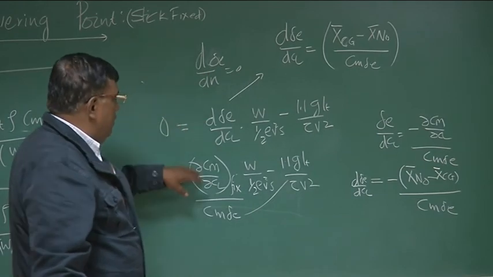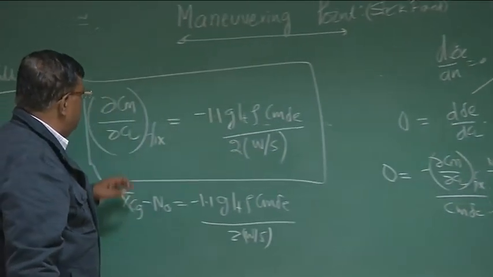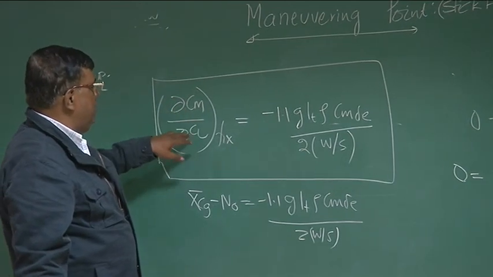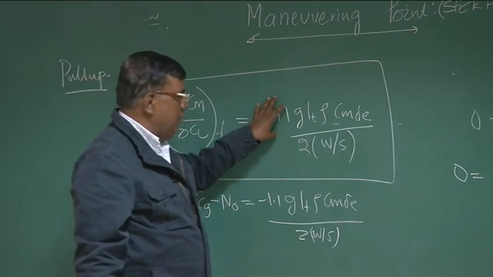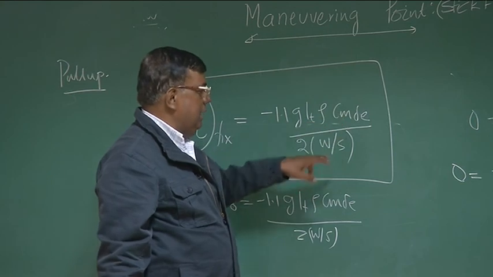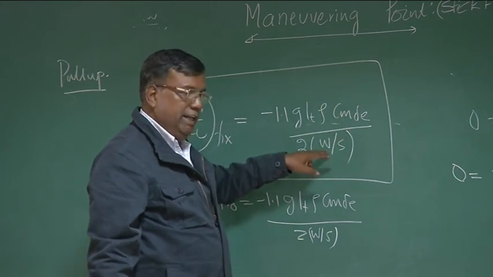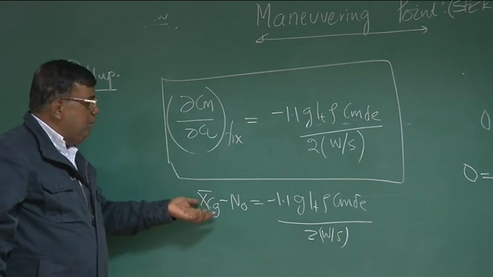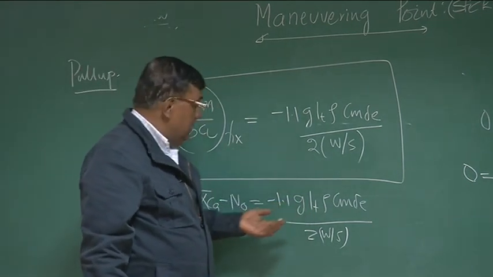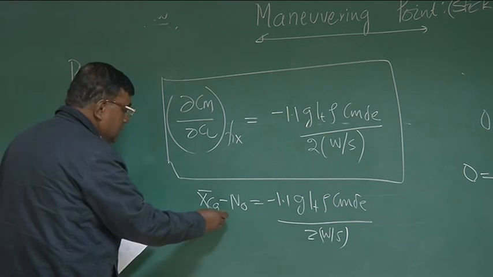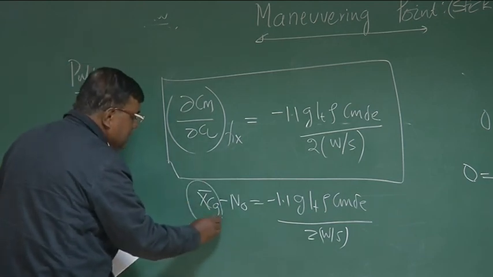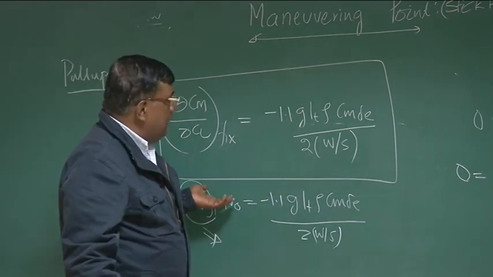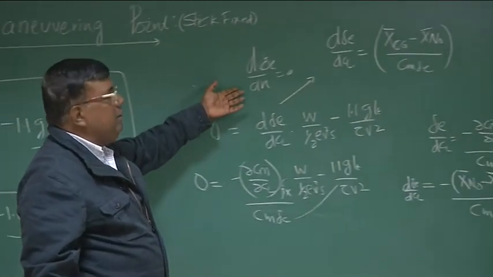By putting it to 0, by doing some algebraic manipulation, we have come to this stage: dCm by dCl fix equal to minus 1.1 GLT rho Cm delta E divided by 2W by S. So now I get expression xcg minus n naught equal to this. What is this xcg? This xcg corresponds to the case when d delta E by dn is equal to 0.